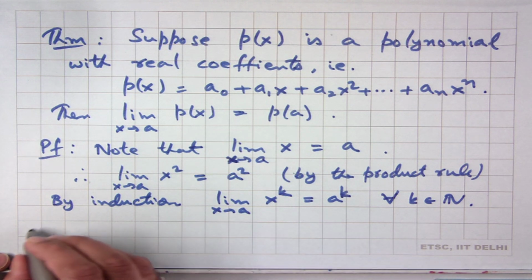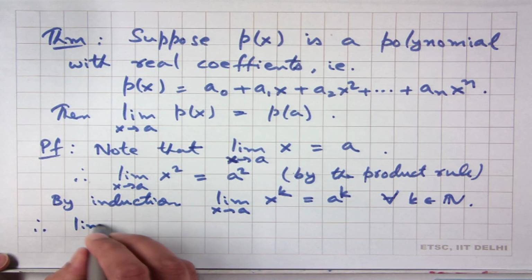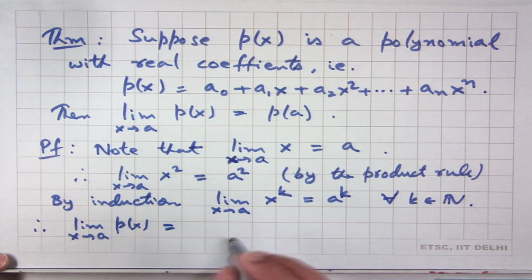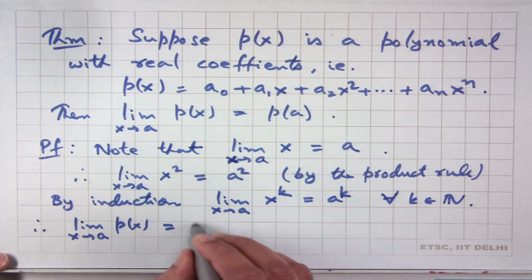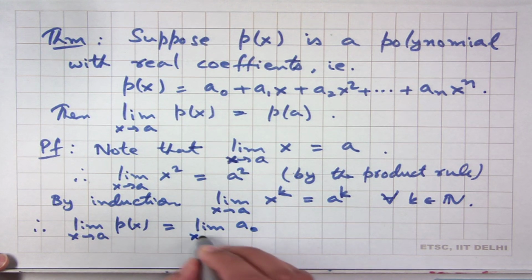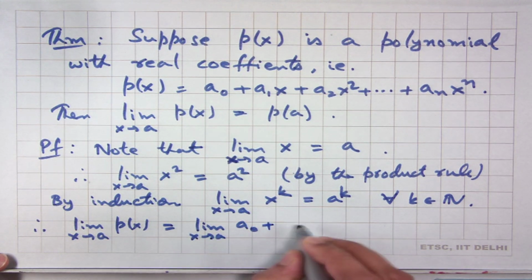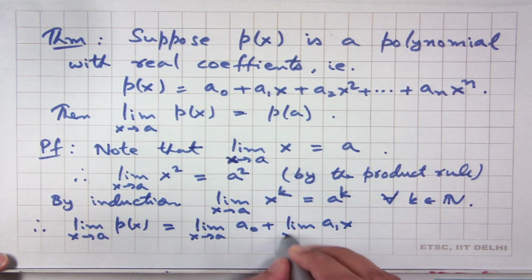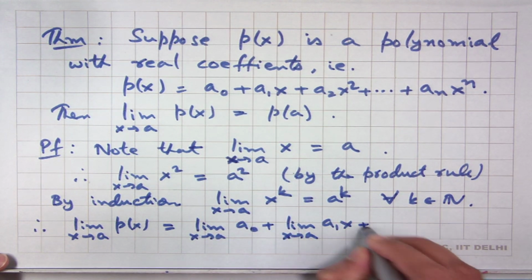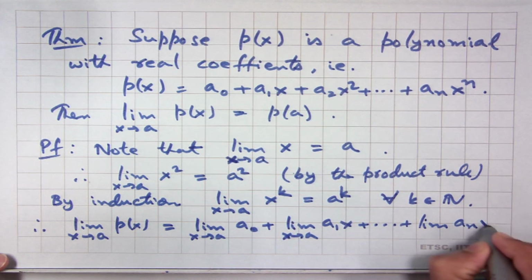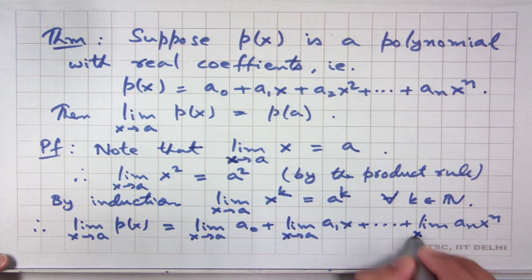So, therefore, the limit of p of x as x goes to a is equal to, first of all this I can write as limit of a 0 plus limit of a 1 times x and so on up to limit of a n times x to the n as x goes to a.